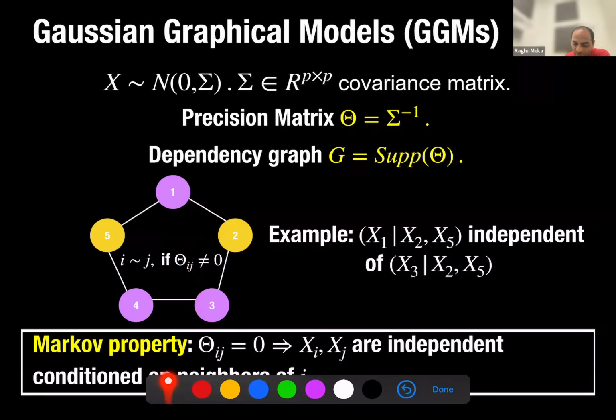So 1 and 3 should be independent, conditioned on the neighbors, which are 2 and 5. Okay. So this is how we define dependency graph and led to undirected graphical models. And what we're saying is for the Gaussian distribution, a very simple characterization of the dependency graph is you look at the precision matrix, look at the support of the precision matrix, and that gives you the dependency graph. Okay.